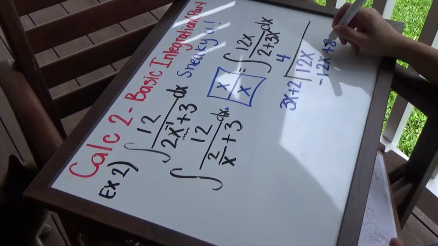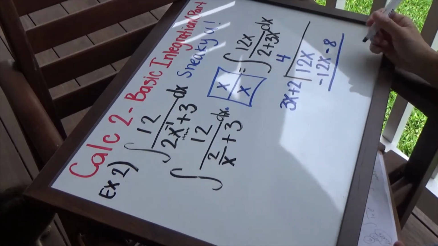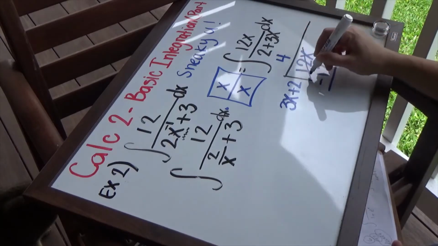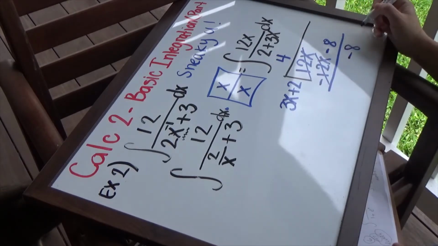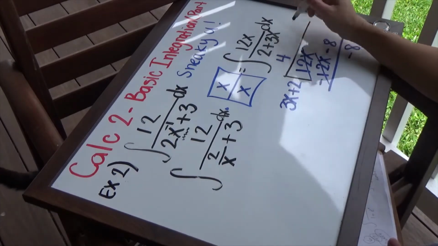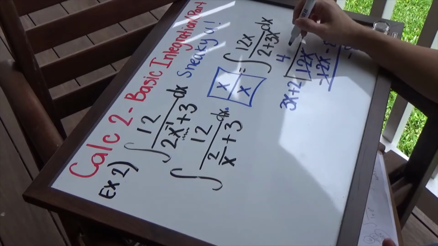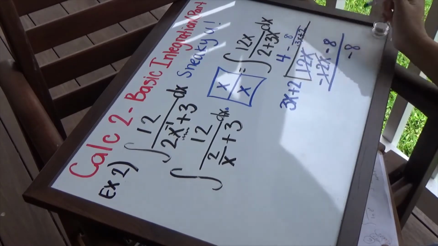And then what we are supposed to be doing is to subtract. So minus, this becomes a minus. Okay, and that is gone. And the remainder is negative 8. So for the quotient, the result of this division is 4 minus 8 over 3x plus 2.